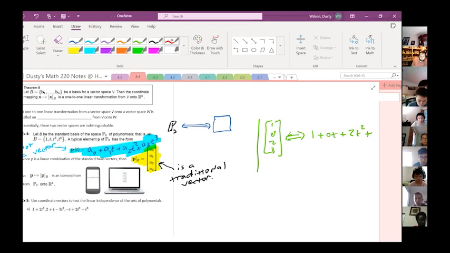Yeah, from Felix and Evan, we can go back and forth between P3 and R4. Okay. This bit where you can go back and forth between the two systems is what we call an isomorphism. It's a long word.